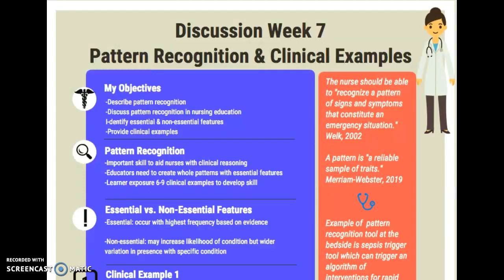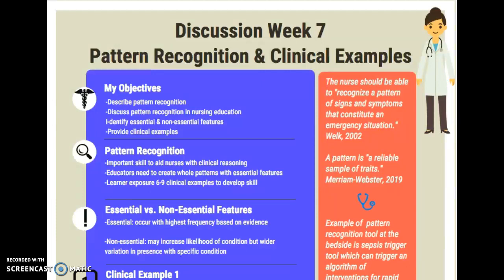So in my presentation, I am outlining my objectives to describe what is pattern recognition and to discuss pattern recognition and its use in nursing education, and to identify essential and non-essential features, which I had no idea what that meant until I did some reading and research.